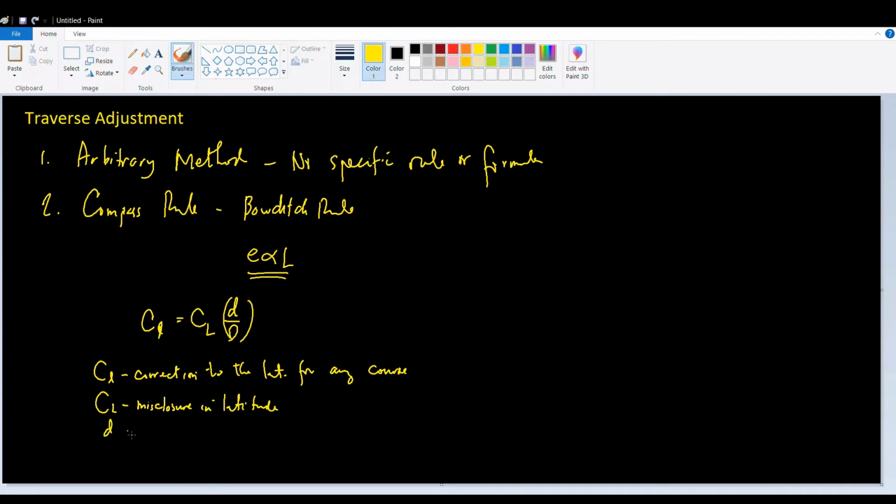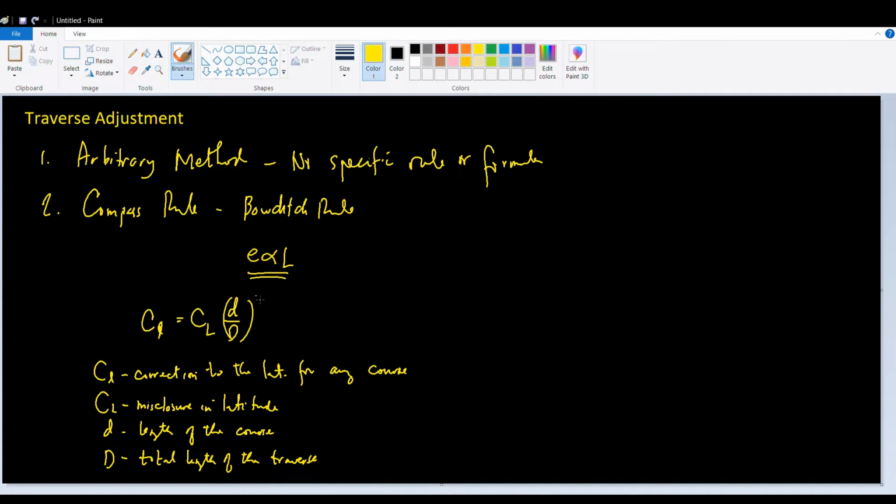Now small d refers to the length of the course, so if it is line AB or line 1 or whatever. And capital D refers to the total length of the traverse, or the entire perimeter.